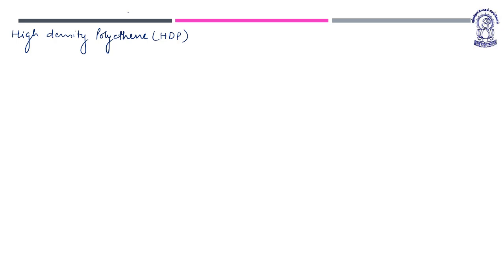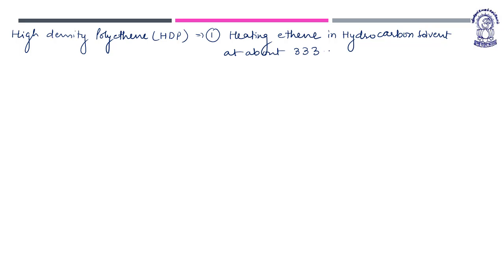It is prepared by heating ethene in a hydrocarbon solvent at about 333 to 343 Kelvin temperature.